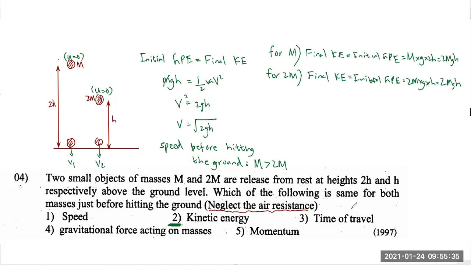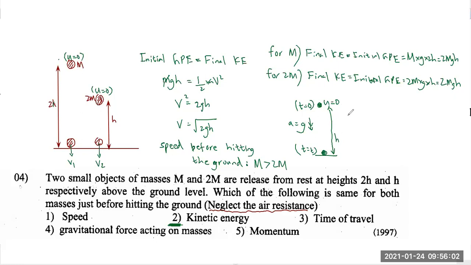Right. Now, what about time of travel? If you consider a common equation for the time of travel for an object falling under gravity, initially, let's say time is equal to 0 here. When it reaches the ground, time is equal to t. And let's say this is the height we are talking about. And it's 0 here. If you ignore air resistance, acceleration is going to be equal to gravitational acceleration.